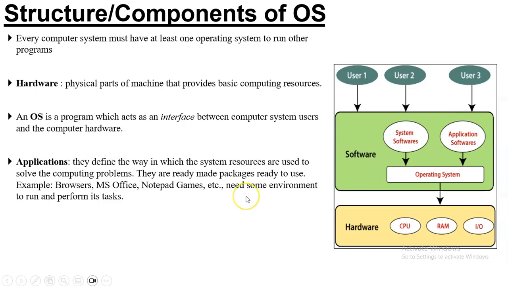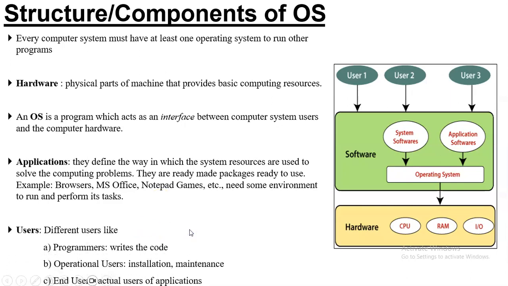They define the way in which the system resources are used to solve computing problems. For saving a file, writing code becomes a difficult task, so by giving an interface to that save operation, our task is simplified. Browsers, MS Office, Notepad, and games are some examples of application softwares.